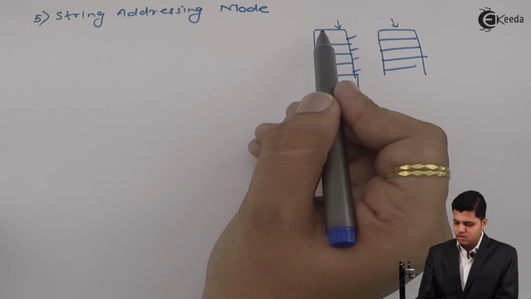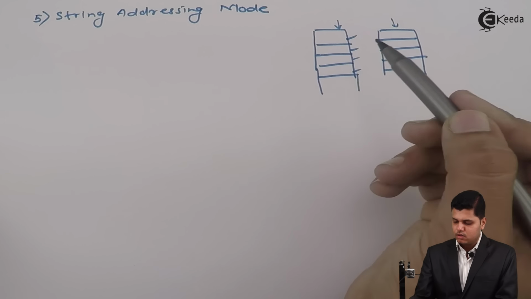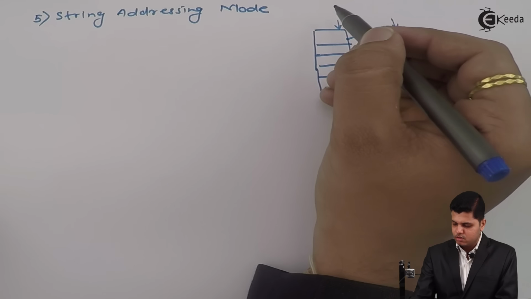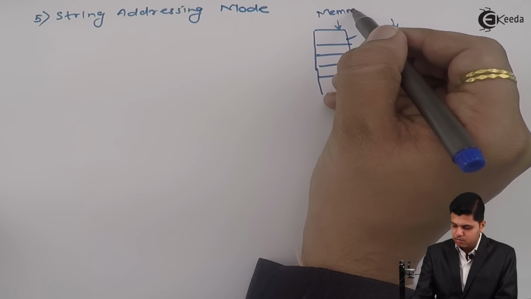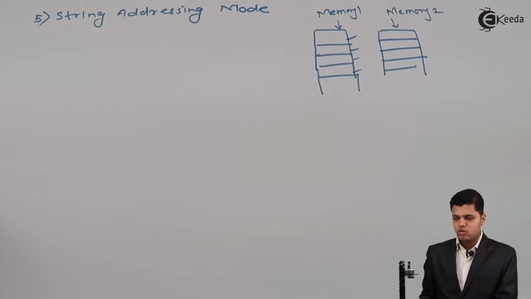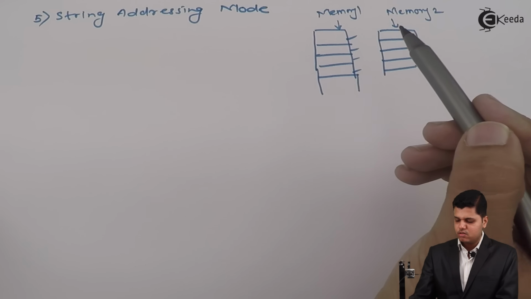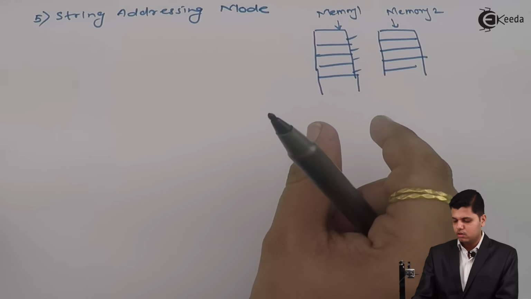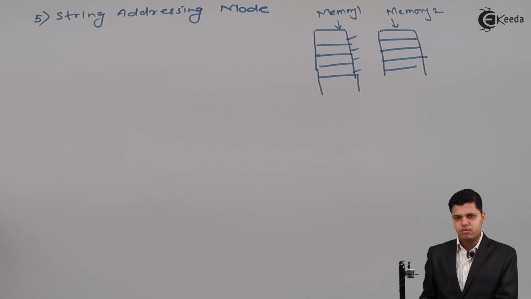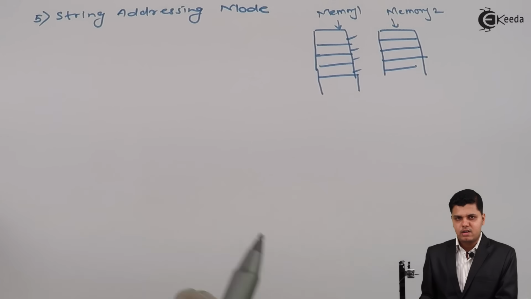So I need an instruction which will work on all these 4 addresses from one memory to the second memory. Let's name them memory 1 and memory 2. In this case, the instructions used for providing the address through a number of consecutive memory locations, we call string addressing mode.